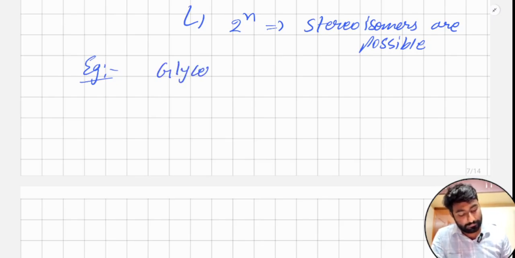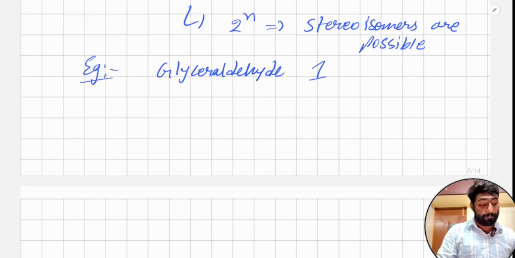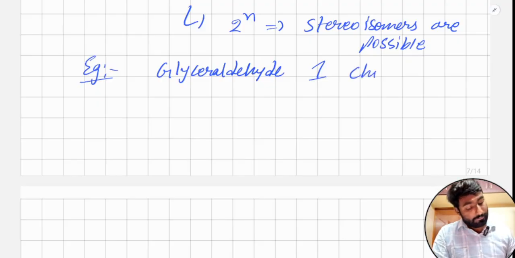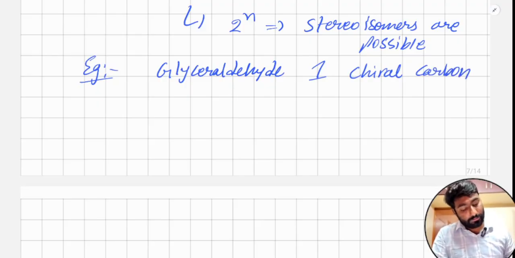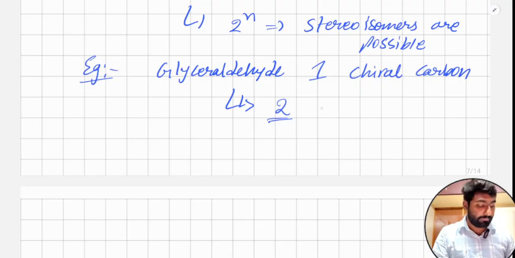Glyceraldehyde has one chiral carbon. So how many stereoisomers are possible? Only 2 power 1, so two stereoisomers are possible.